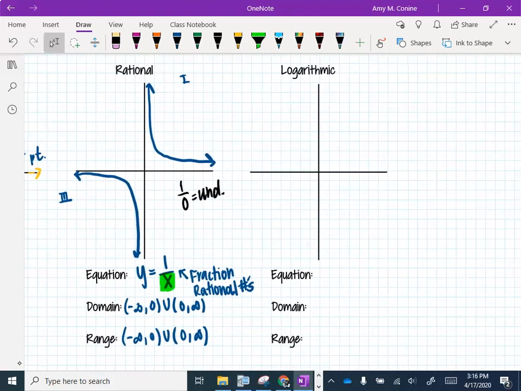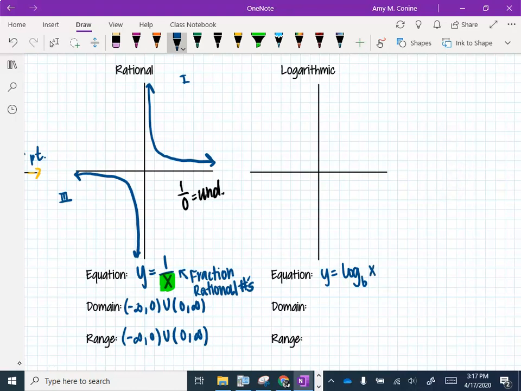So now we're going to look at logarithmic. These are things that you're going to see later. I just think it's important that you are familiar with what that graph looks like. So logarithmic, it's not super crucial that we talk about it, but you have y equals log base b of x.